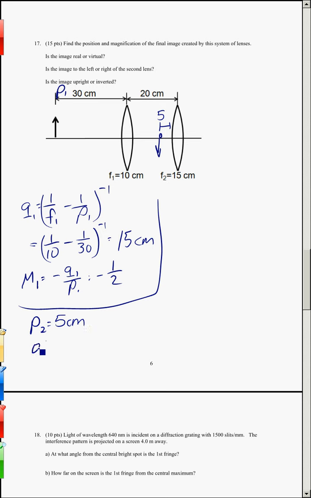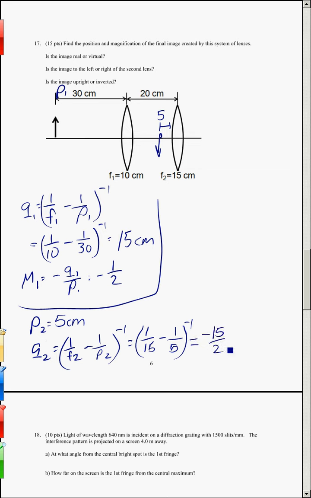Now I'm going to solve for Q2 in the same way as up here: 1 over F2 minus 1 over P2, to the negative 1. That's 1 over 15 minus 1 over 5, to the negative 1. That is 1 over 15 minus 3 over 15, so it's negative 2 over 15. Inverted, negative 15 over 2, which is negative 7.5 centimeters.